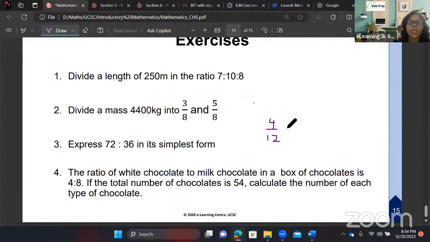4 out of 12 of 54, we have to find how many chocolates there are.